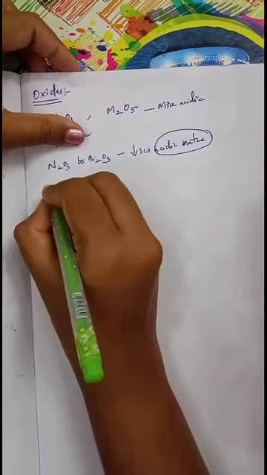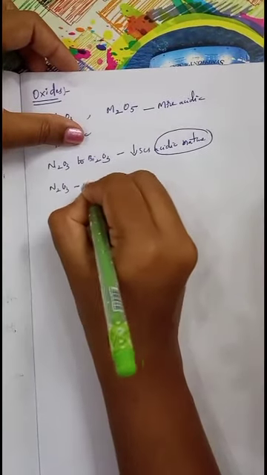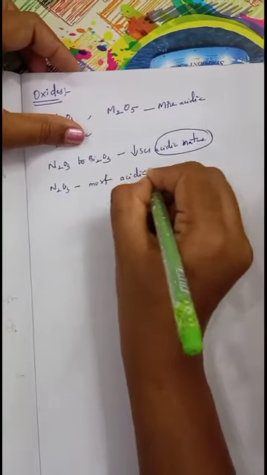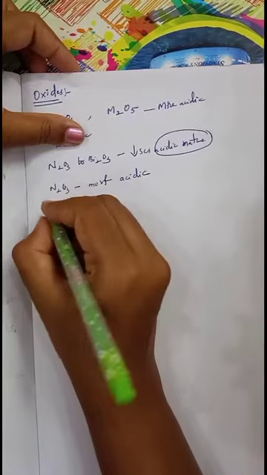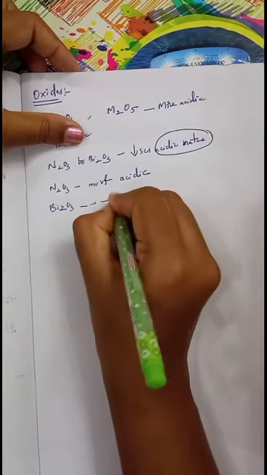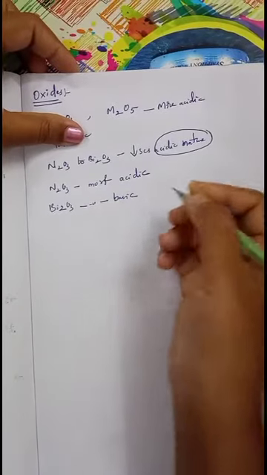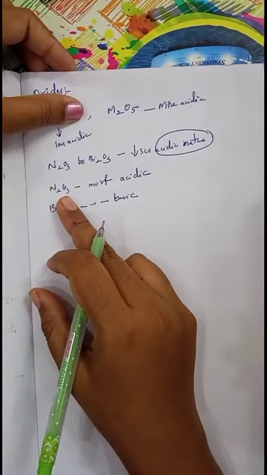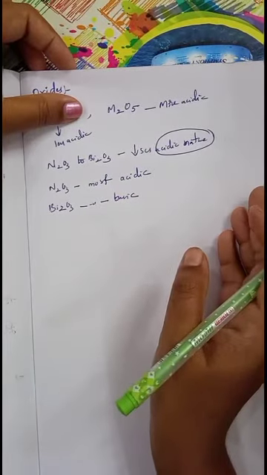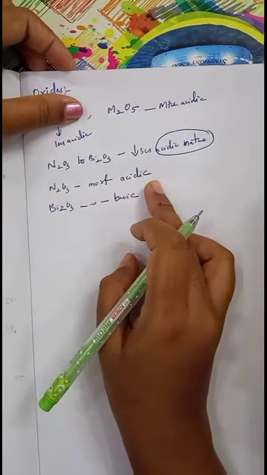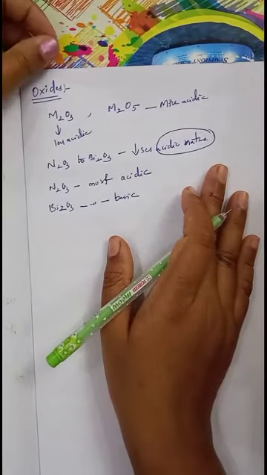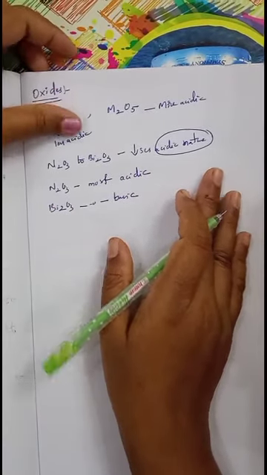That means N2O3 is most acidic and Bi2O3 is most basic in nature. So Bi2O3 is most basic and less acidic, and this is highly acidic and less basic in nature. That is about the different types of oxides which are formed by the 15th group elements.